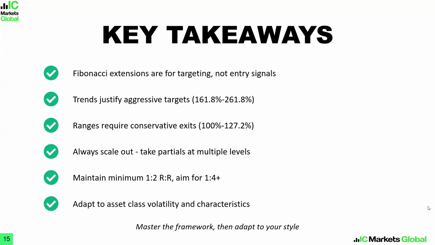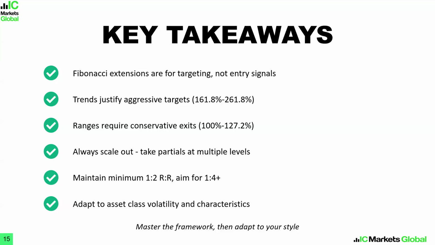For ranges, use conservative exits at 100%, which is the recent high or the recent low, to 127.2%. Always scale out, taking partial profit at the minimum level, or use a trailing stop loss, and maintain a minimum 1 to 2 risk and reward, or aim for even more.